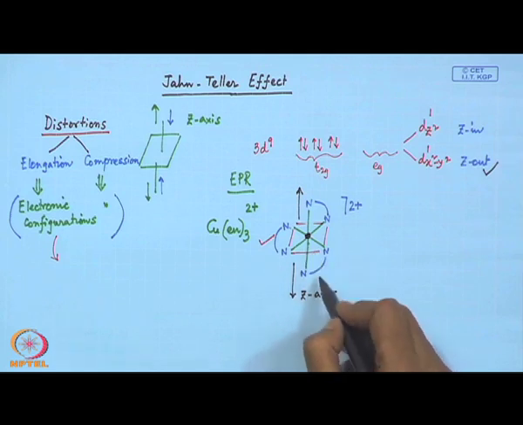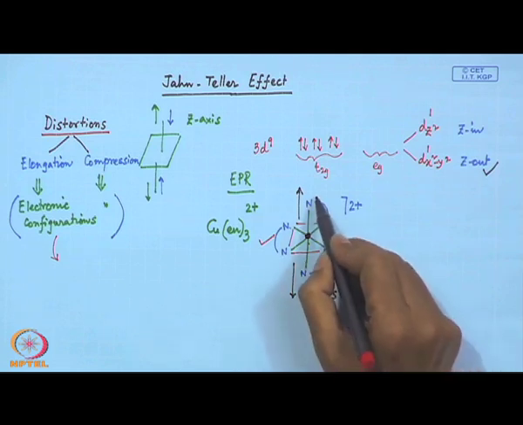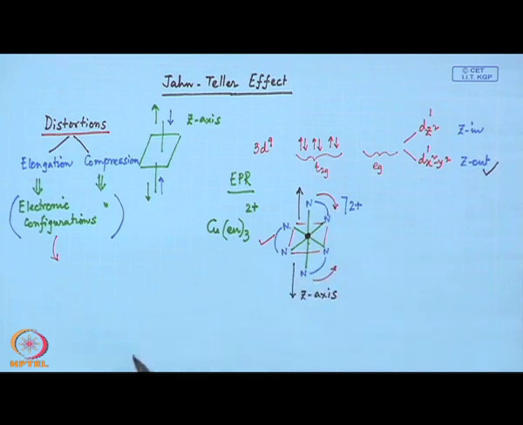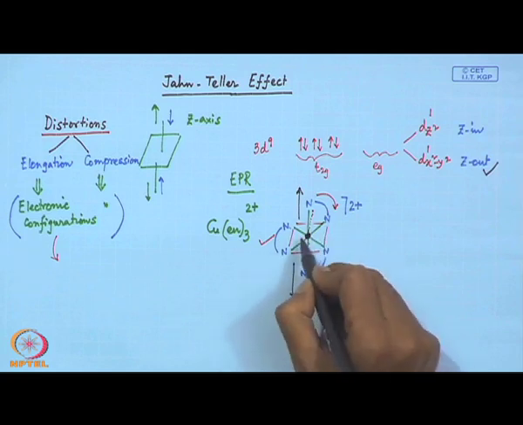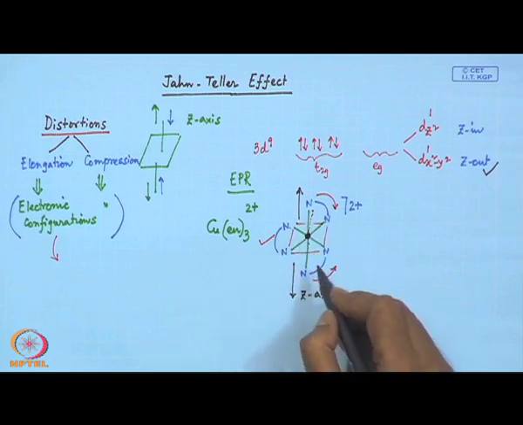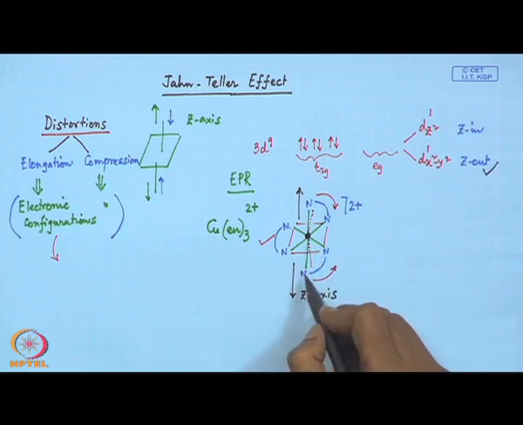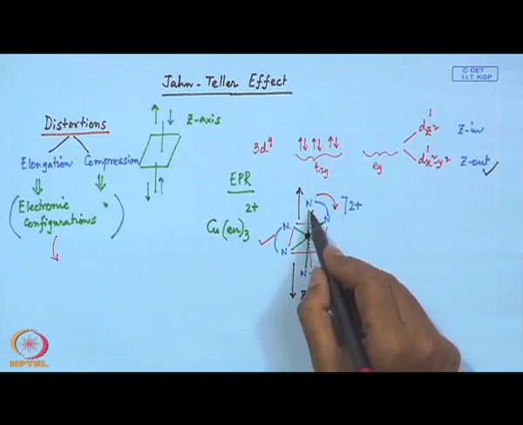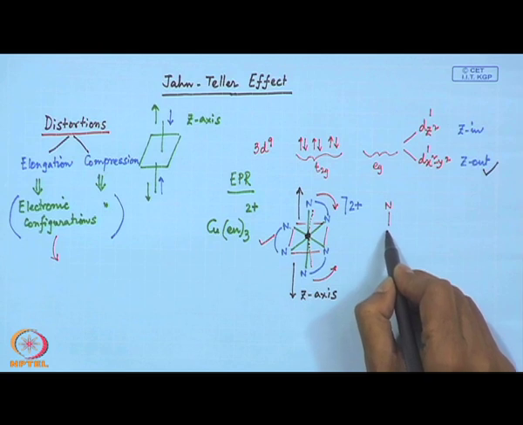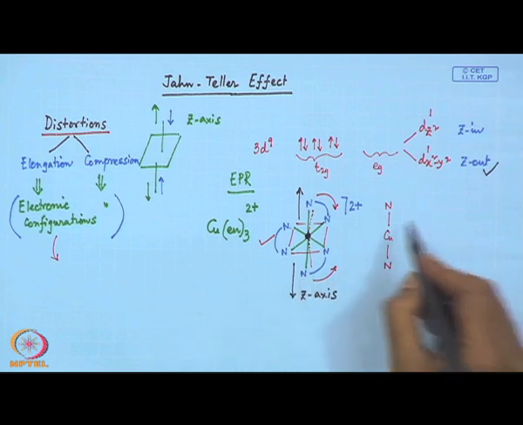So, as a result, this particular chelate ring will be distorted towards this side and this particular one will be distorted towards this side. That means this bond will go towards this side and this bond will also go towards this side, because it is already chelated, it is not free like free water coordination. So, this is the nitrogen copper nitrogen axis.